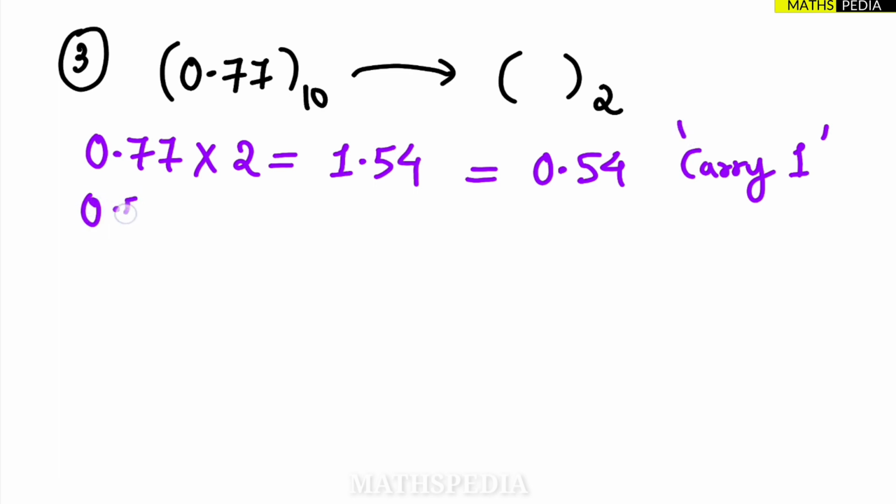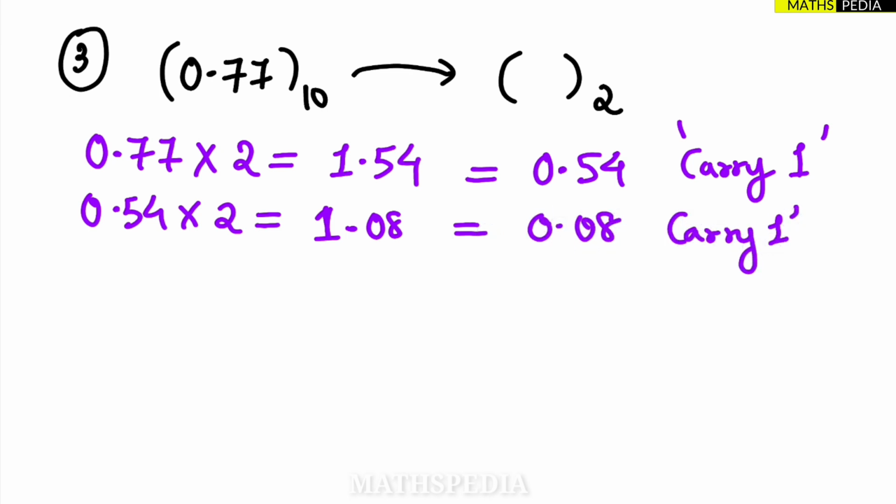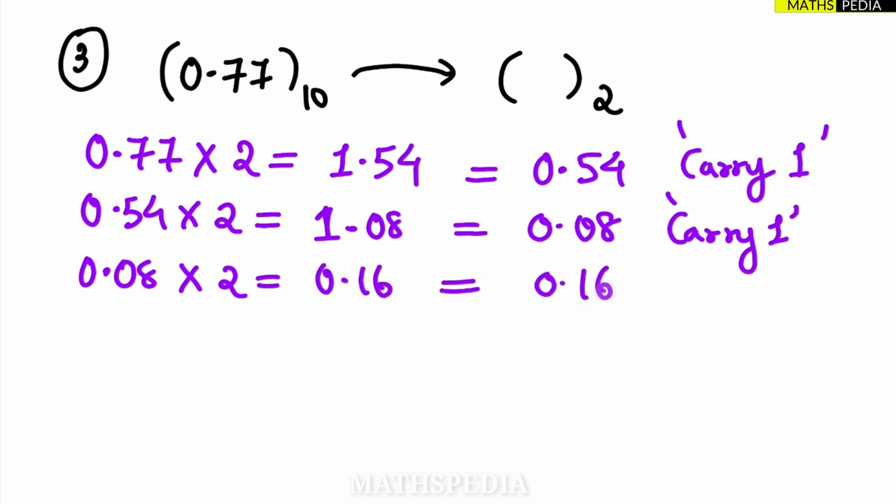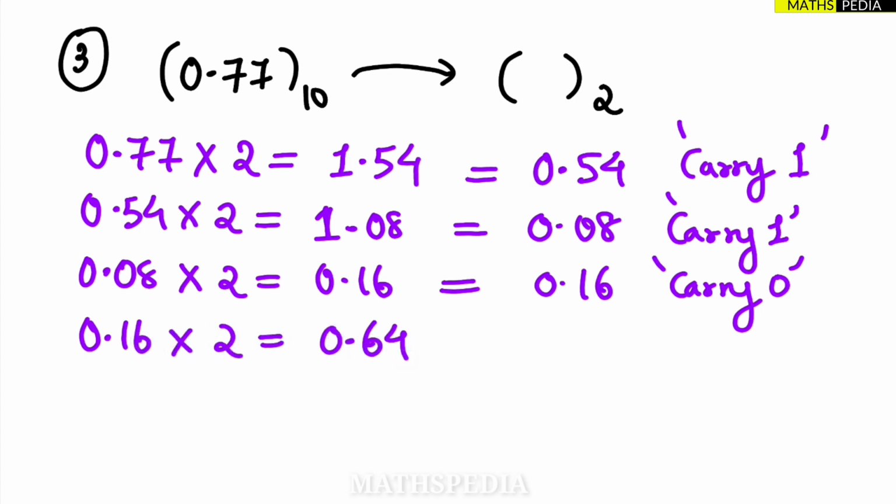Then take 0.54 and multiply with 2 again, and you will be getting 1.08. Carry 1, write 0.08. Again take 0.08 and multiply with 2, and you will get 0.16 itself, so write carry as 0. Then 0.16 multiplied with 2 gives 0.64, again carry 0.